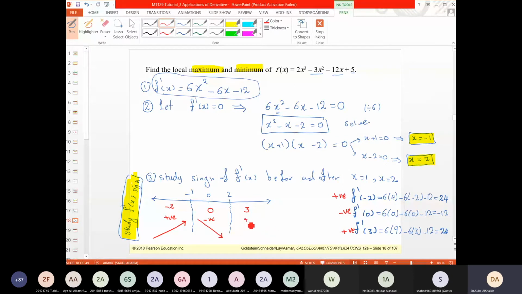At the 3 it is positive, which means it is increasing. So now I know in the function from -infinity to -1 is increasing. From the 2 to infinity it is increasing. When is it decreasing? Decreasing between -1 and 2.